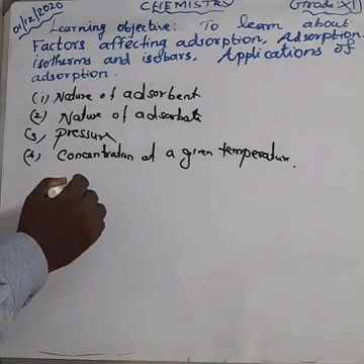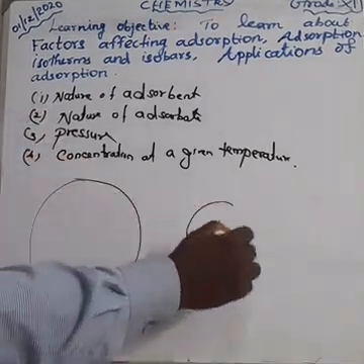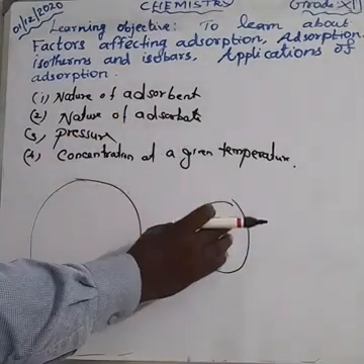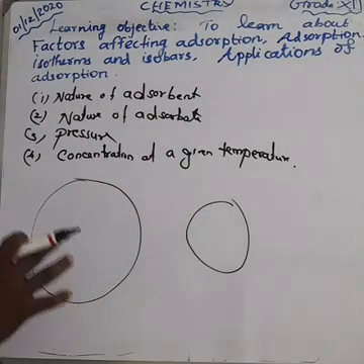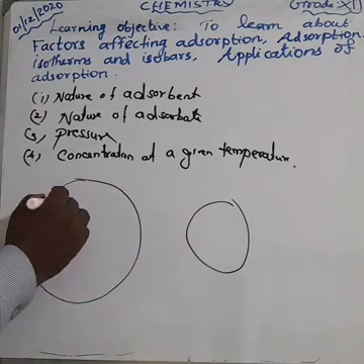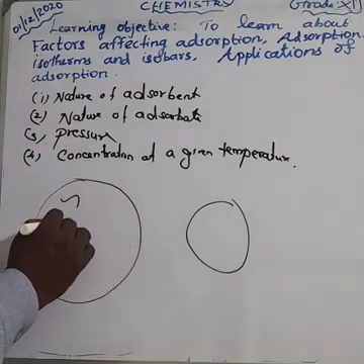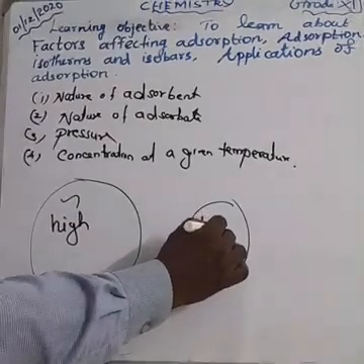Suppose this is one surface area, and this is another surface area. Out of these 2 surface areas, which has high adsorption? Here is high adsorption, here is low adsorption.